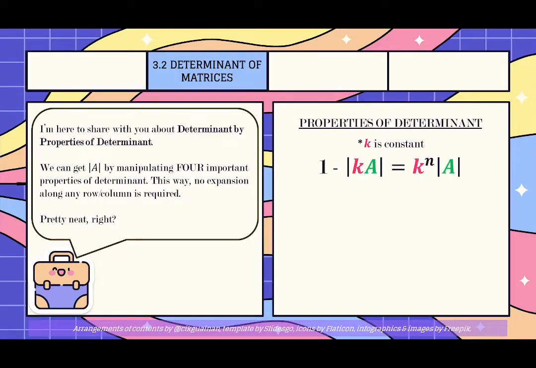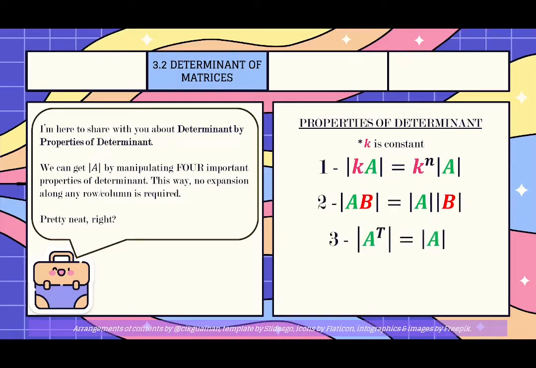So this is the first one, whereby we have K multiplied by the matrix, and we can factor out the constant and take the power of the dimension of the matrix. The second one is the multiplication: the determinant of a product of matrices A and B equals the multiplication of the determinant of each matrix separately.